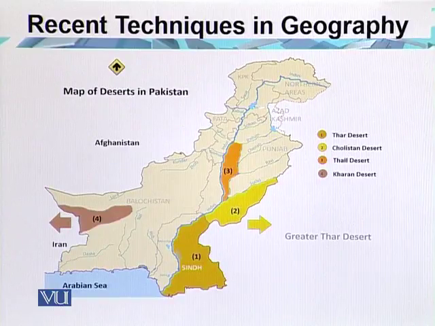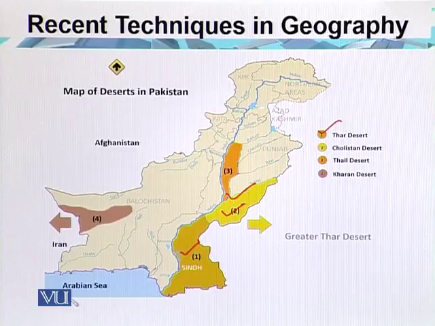Now this is the map of Pakistan, which gives us the location of the different deserts of the country. Most of the south and eastern part of the country belongs to arid and semi-arid climate, which includes the areas of Sindh and the southern part of Punjab, where we have deserts. The Thar Desert belongs to Sindh province, and the Cholistan Desert belongs to the southern part of Punjab.